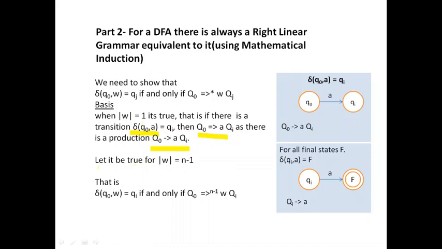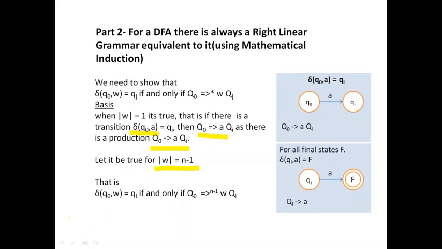Now we are going to assume that it is true for strings up to length n minus 1. Whenever we have a string of length n minus 1 or less, it is true. And now what we are going to show is that it is true for strings of length n as well.